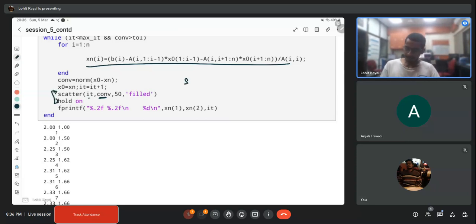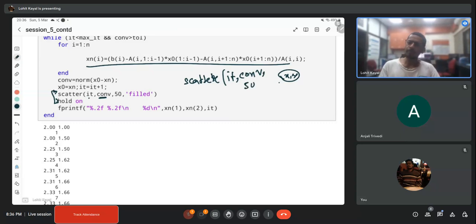This command is scatter. Scatter is similar to plot, but unlike plot, it will give you a point. If you have a point and the corresponding xy data, it will give you that point. So scatter takes the x coordinate, the x point it, then conv, which is the y coordinate. Here 50 indicates the size of the circle.